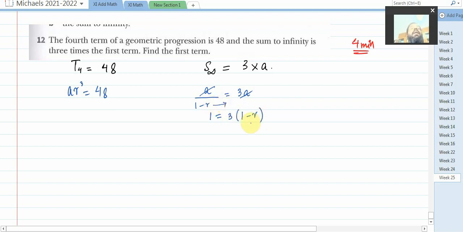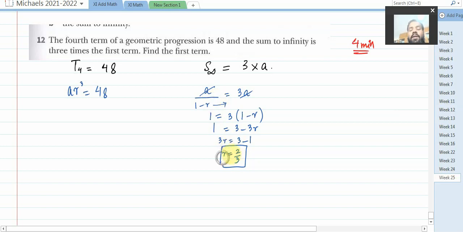When you simplify the bracket, it will be 3 minus 3r equals 1. Simplify, 3r equals 3 minus 1, and you get the value of r, which is 2 divided by 3.